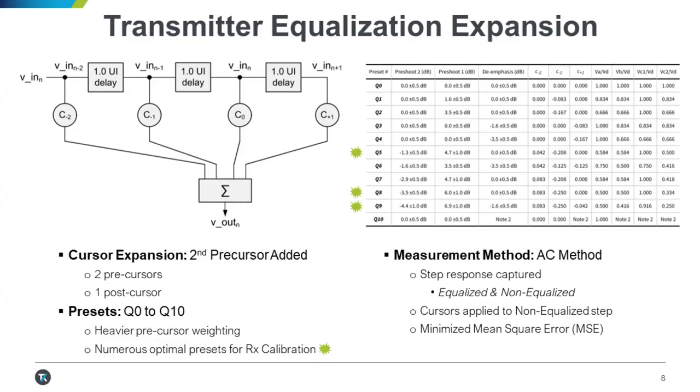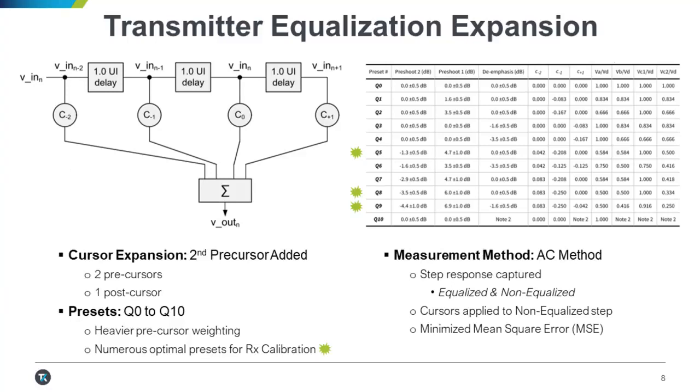So now what we're doing is we're taking a step response from the compliance pattern. We take one that's equalized and one that's not equalized. The non-equalized one will represent Q0 without any precursor or post-cursor. And then the equalized one will be the preset or Q value under test, or coefficient combination that you want to measure, right?